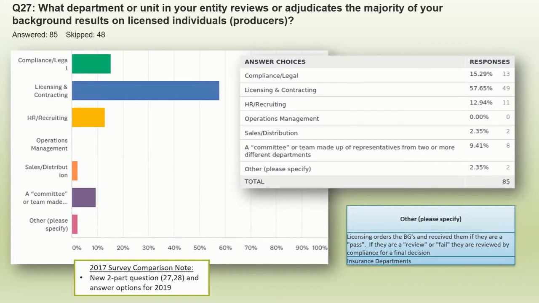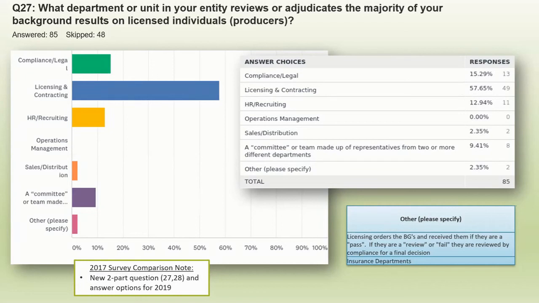We still continue to see the sales team at 2.35%, which in the past we've even stated sounds like a conflict of interest. If you have a high producer that has committed a lot of acts that may harm your organization, maybe the sales and distribution team is not the group to evaluate the risk to the organization.